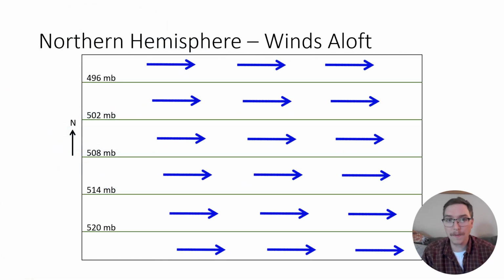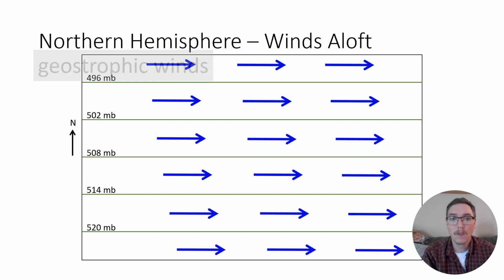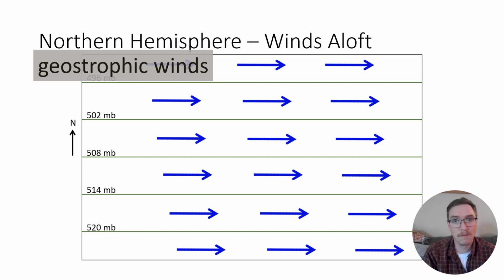So winds aloft, here we're looking at winds in the northern hemisphere. Same kind of thing, pressure gradient going from 520 millibars to 496 millibars, so we're looking at that 500 level. If winds are just straight line, we call these more or less geostrophic winds.